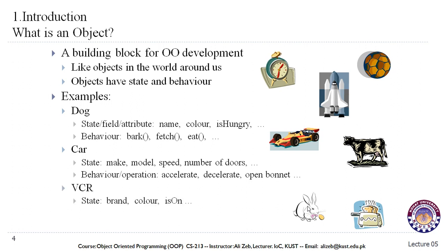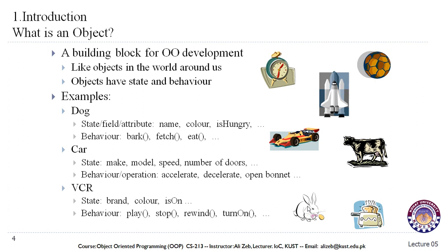VCR, if any of you remember what a VCR is, it was the device that we used to watch movies with. So the attributes that are associated with the VCR, or any electronic gadget, can be the brand of that gadget, the color of that gadget, and the status of that gadget, whether it is on or off, and there can be many other attributes.